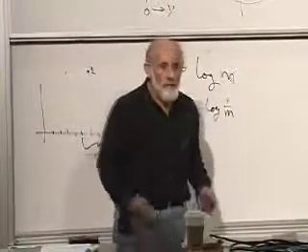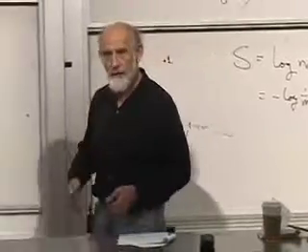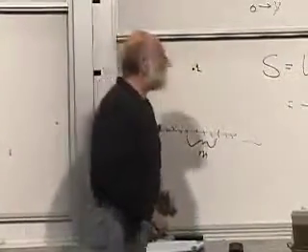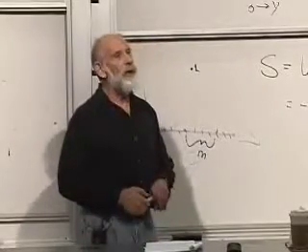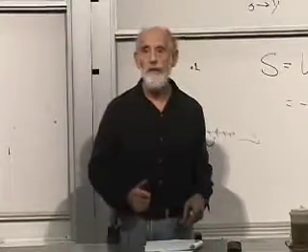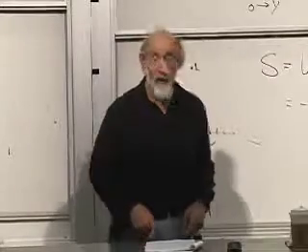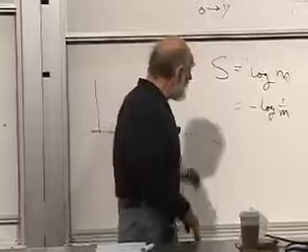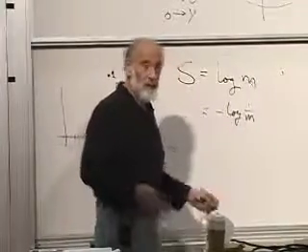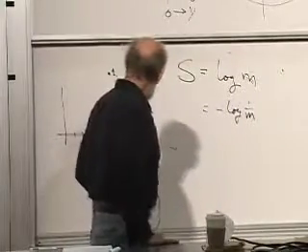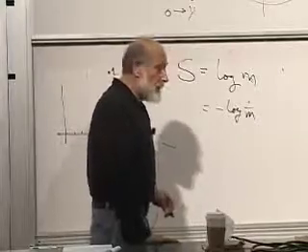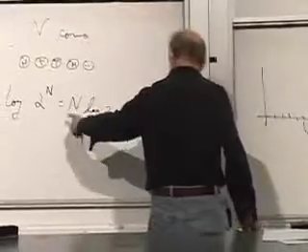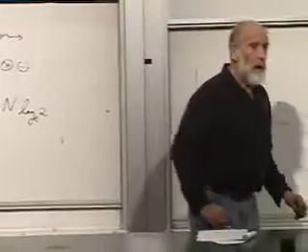Log of 1 is 0, because e to the 0 is 1. So this is a kind of interesting fact. When you have complete information, that's equivalent to 0 entropy. When you have no information, that's when you have the maximum entropy, incidentally. You cannot have an entropy bigger than this. This is easy to prove. Logarithm of n is the largest entropy you can have for that case.